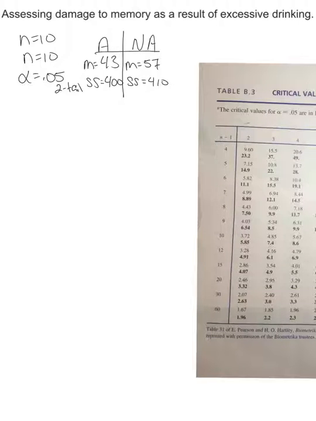So the first thing we need to do is find if this meets our homogeneity of variance assumption, because if it doesn't, we cannot proceed. So let's find our F max first. We go to our critical values of F max, or F crit, table.